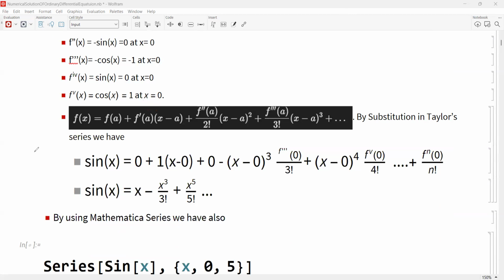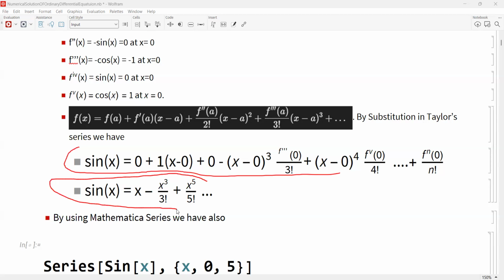Okay, so we simplify this one. So we have x minus x cubed over 3 factorial plus x to the fifth over 5 factorial.